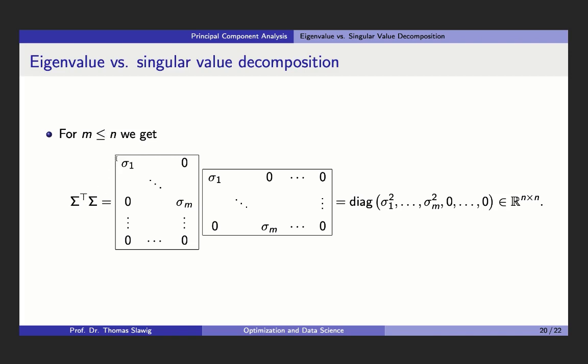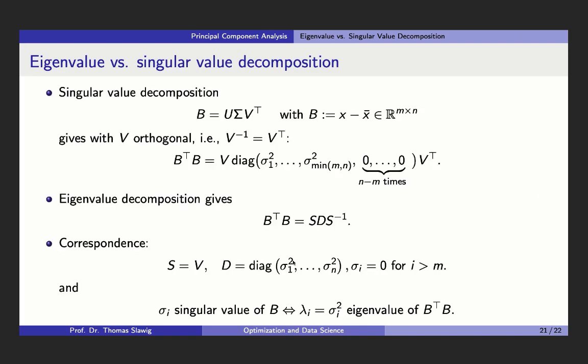So we have now here an n and here an m. But again, this gives just multiplication of the diagonals, but we get additional zeros on the diagonal, because here these zero blocks meet each other. So we get this here, which is again an n times n matrix. But now m is smaller or equal to n, so if m is really smaller, we would have zeros here at the end.